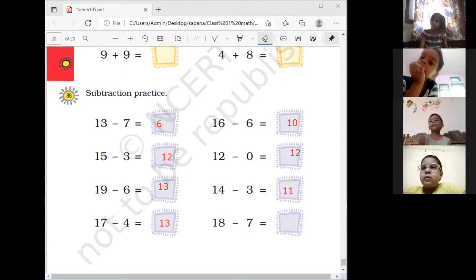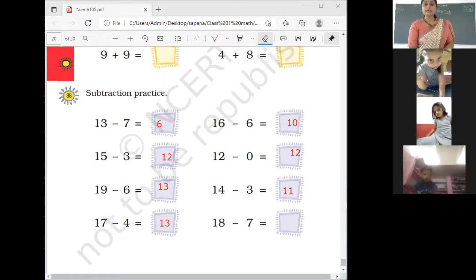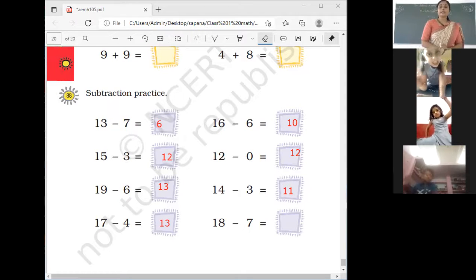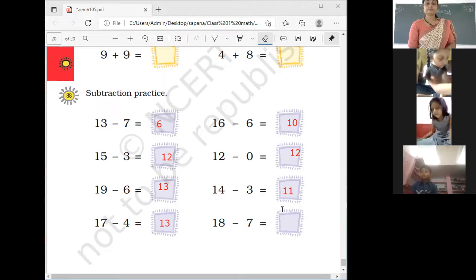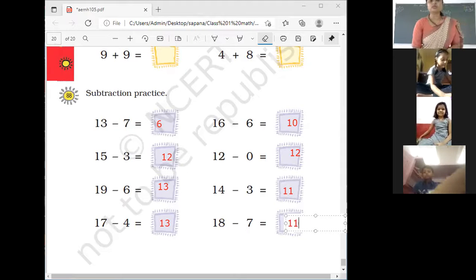And last is 18 minus 7. 18 minus 7 is equal to. Yes, give me answer, Manya. 11. 18 minus 7 is equal to 11.